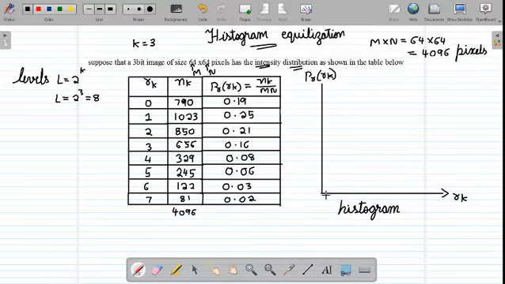So RK means different intensity levels of the input image: 0, 1, 2, 3, 4, 5, 6, and 7. So here you are having different values. Let us consider a step size of 0.05, 0.05, 0.10.